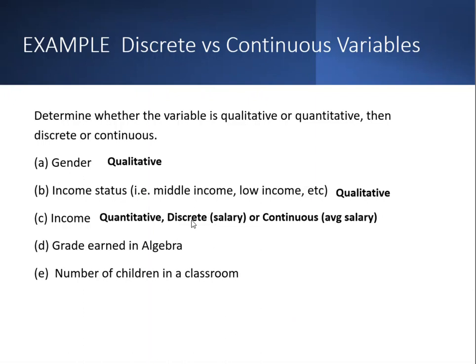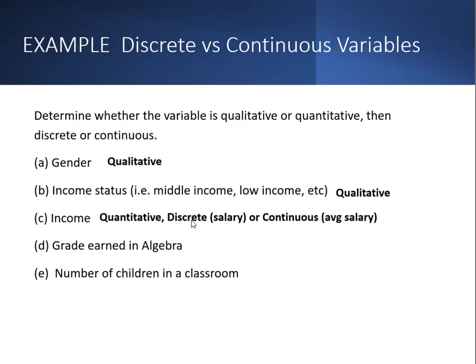So let's say that we want to talk about salaries for teachers. Okay, so my income amount is going to only increase or decrease or be separate from another person by, let's say, whole dollar amounts. So that would be the discrete portion of this variable. That's how if I described income in that way.